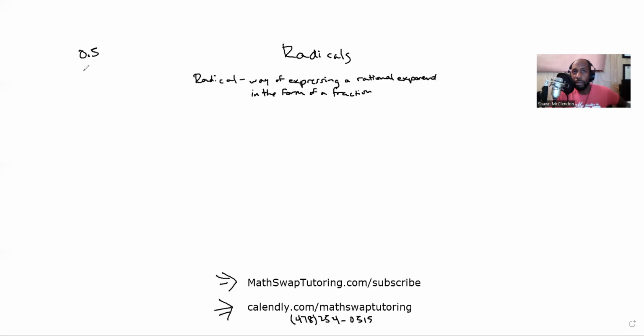Or you might have 0.3333333, and that's a decimal that repeats. So these are rational. Irrational might be something like pi, which is 3.14159, et cetera, or the constant e, which is 2.71828, and so on and so forth. In other words, decimals that don't terminate or repeat.